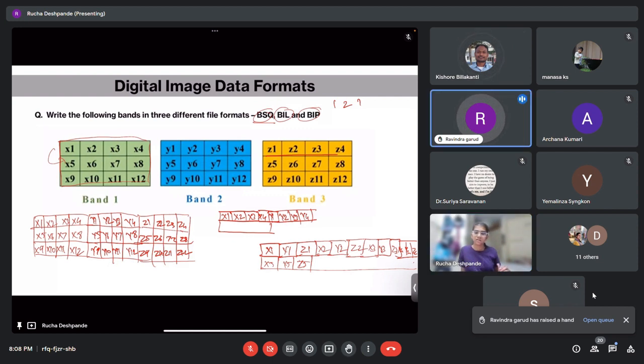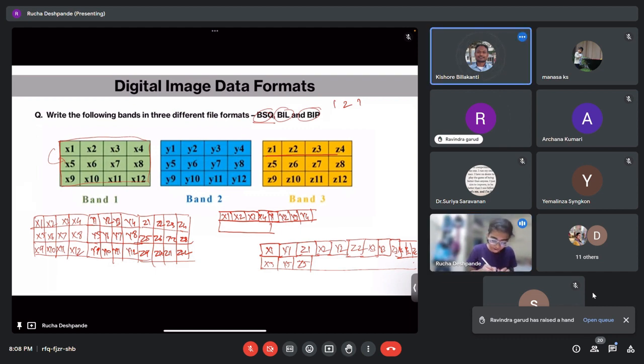No. BIL I cannot get it. So can you explain it on a separate page as per your convenience? So when you're reading a BSQ file, No, BSQ is fine, madam. Let me know how to write the format that is BIL.